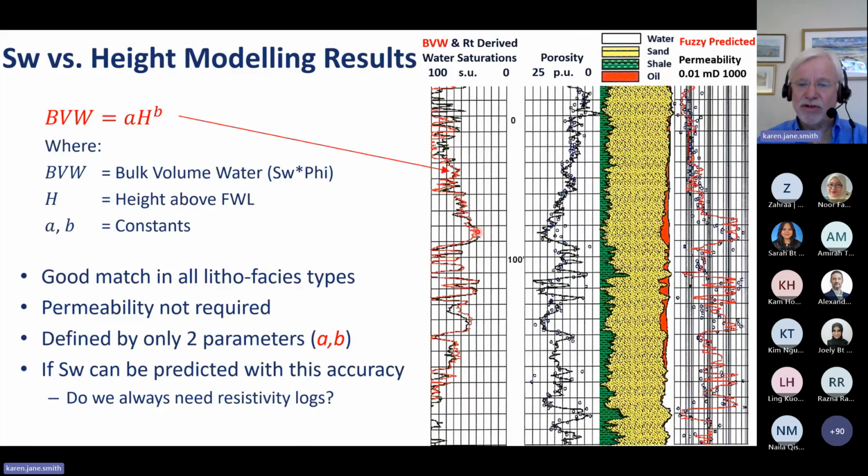Now, I want to show you something quite interesting about this plot. Even though this heterogeneous formation varies a lot, one thing is not varying dramatically, and that is the bulk volume of water shown in white, which is down the right-hand side here. The bulk volume of water is steadily decreasing with height throughout the reservoir, where the other logs are moving all over the place.